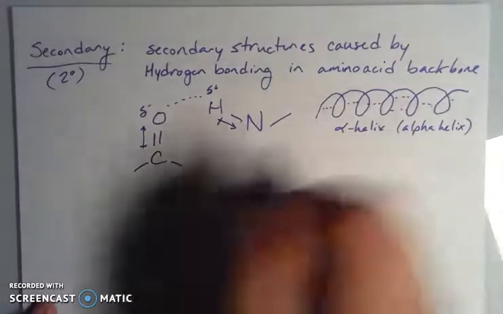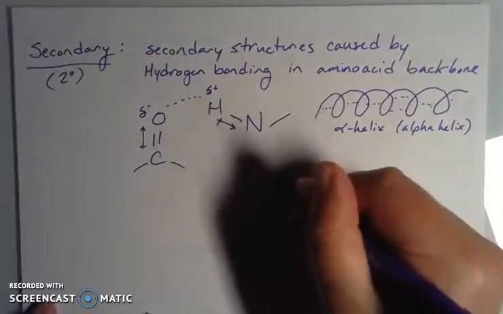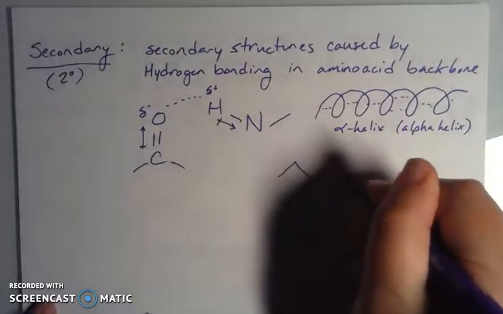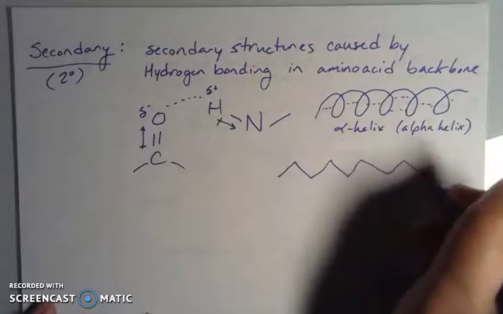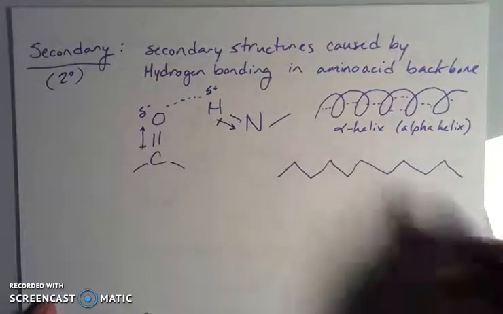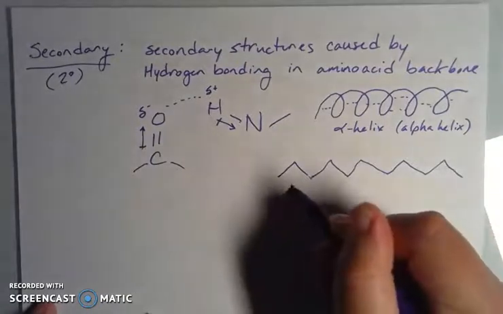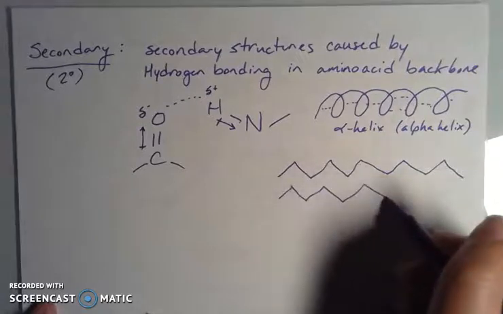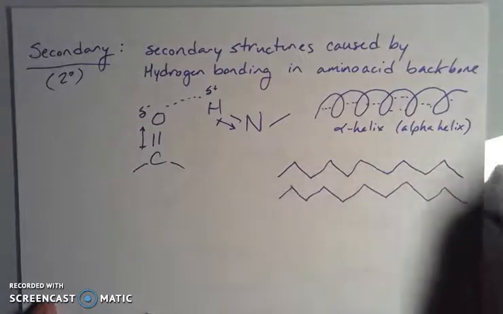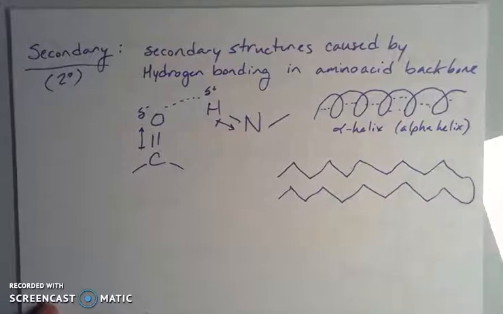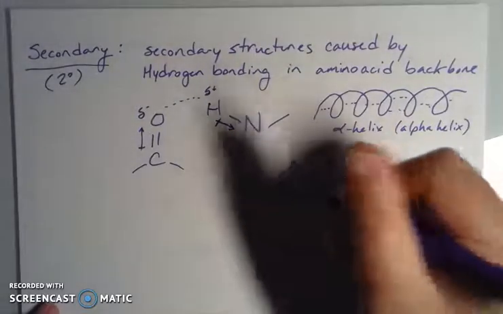Another thing that can happen with this hydrogen bonding is it can cause these things to sort of fold upward. I think about this when it's really warm outside and you have a piece of paper and you fold it back and forth and back and forth, and then you can make a fan, right? That's kind of what this looks like. These are pleats.